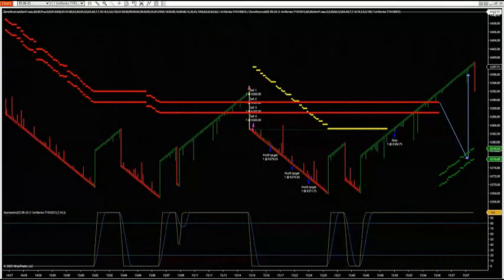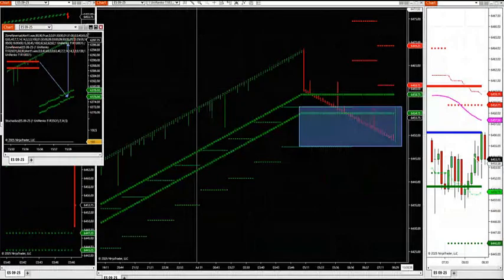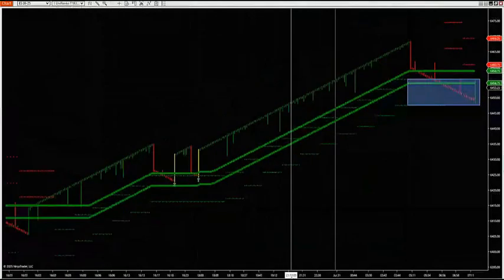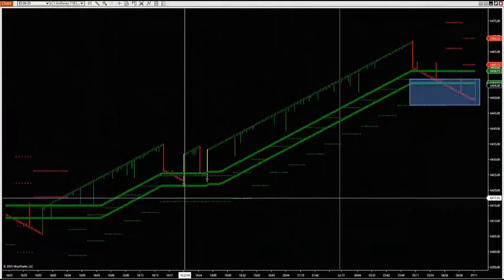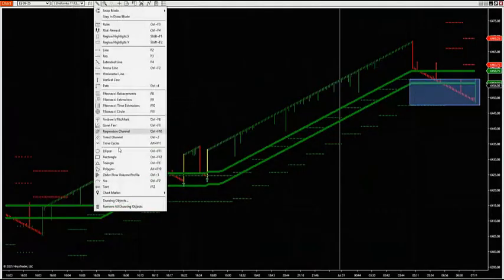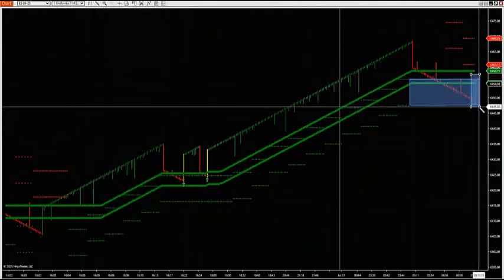All right, so we'll leave that up there like that. So currently right now what we're looking at is a possible reversal. The system is very, very simple. You're looking for a close right here on this candle. You're looking for a close of this candle because you're inside the buy zone.